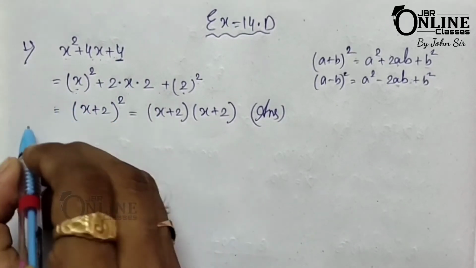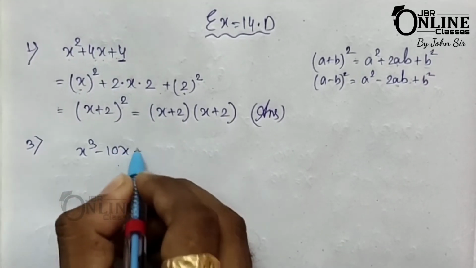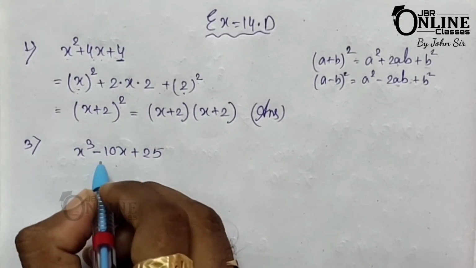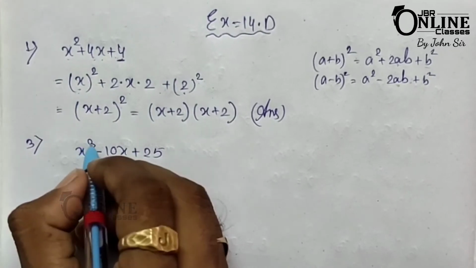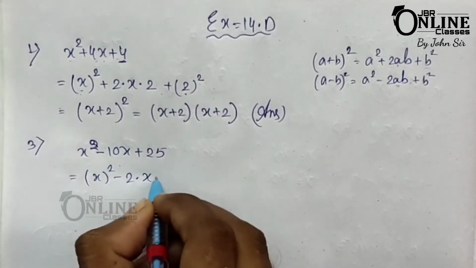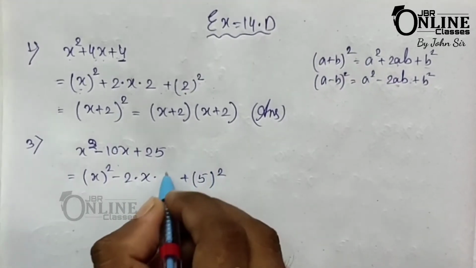Now the next problem, sum number 3. In sum number 3, x square minus 10x plus 25. So here minus, that means you have to convert this expression into a minus b whole square. So here, it's x square, so x whole square minus 2 into x. Now put a gap for b, and 25 means 5 whole square. So put down 5 here.